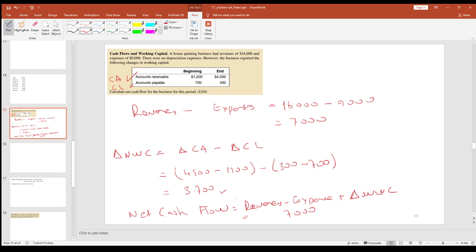Now here, change in net working capital, although it is positive from this equation, I should interpret this as additional cash needed to be raised.